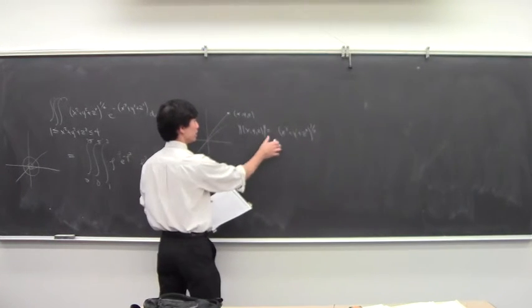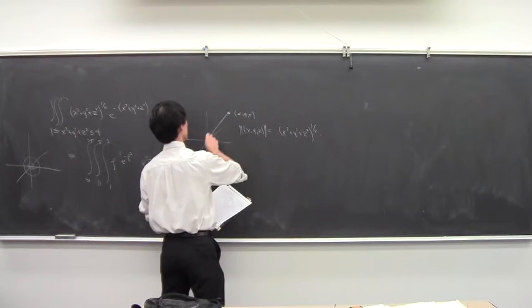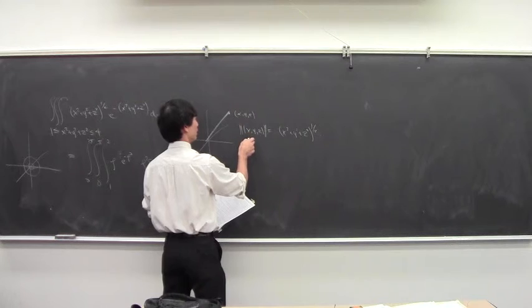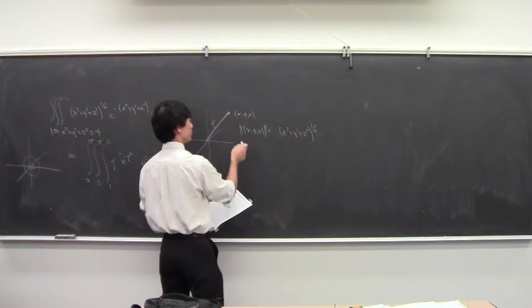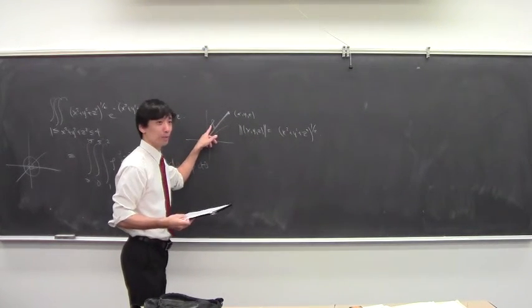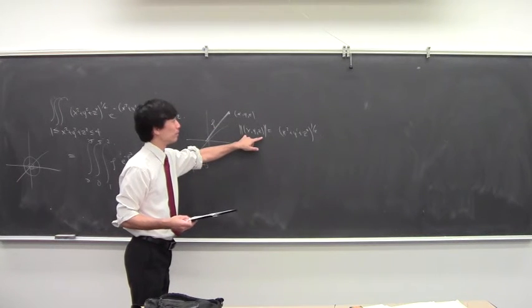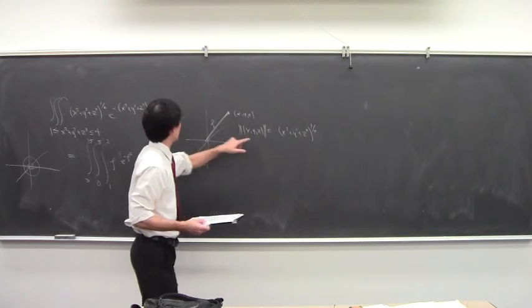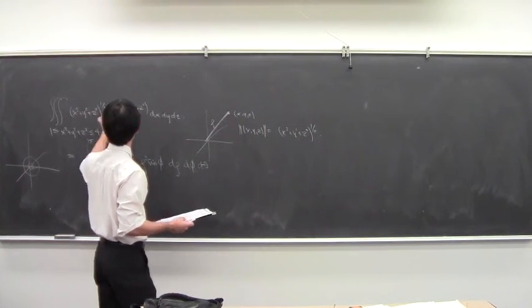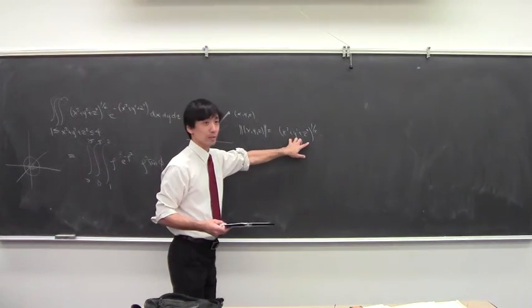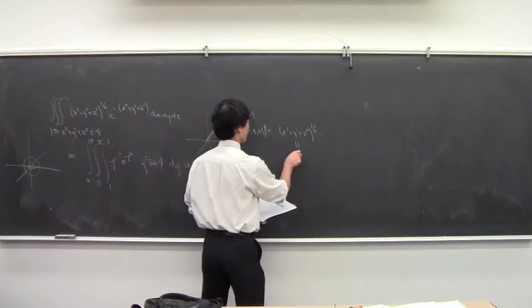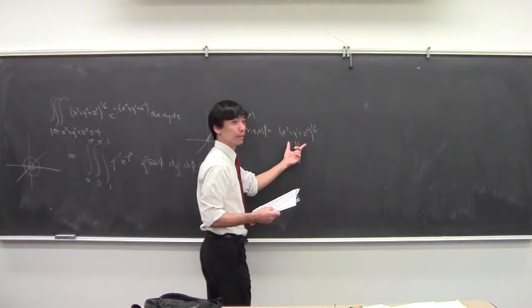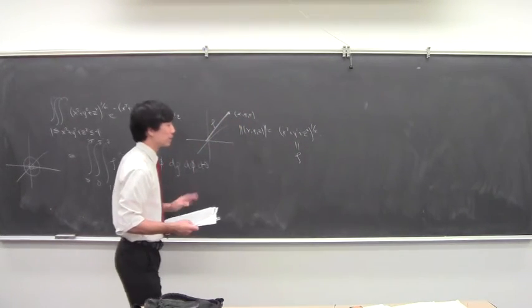That's this length here. But rho is the distance to the origin. That's this. So rho is literally this thing. It's exactly that thing.